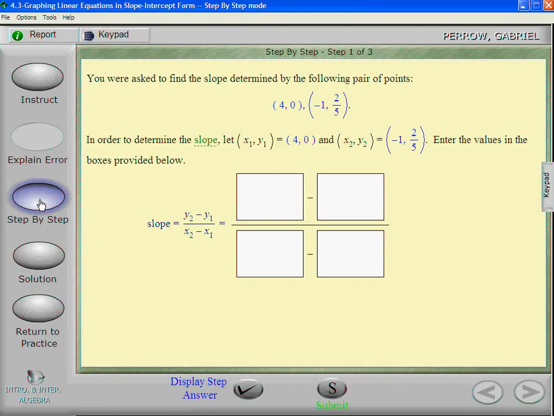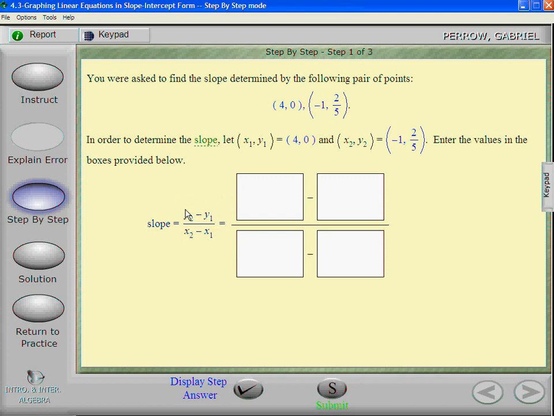And they basically say, in order to determine slope, let x1, y1, the ones there aren't powers or anything like that, they're just subscripts, let's say the first x value is x1, the first y value is y1, that's 4 comma 0, and let x2 be negative 1, and let y2 be 2/5. And then they say enter the values in the boxes below, and then they give you the formula. Slope equals y2 minus y1 over x2 minus x1.